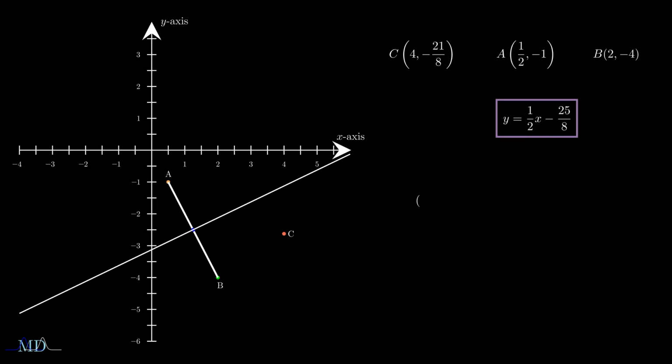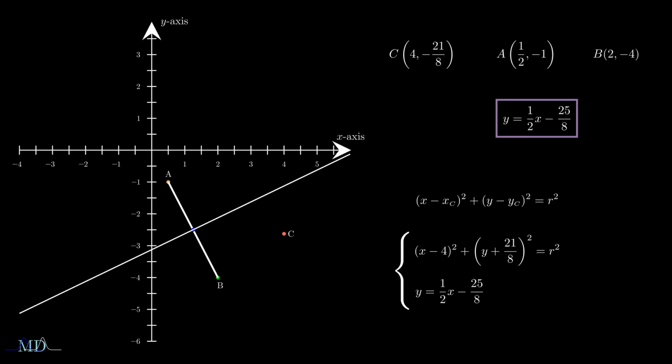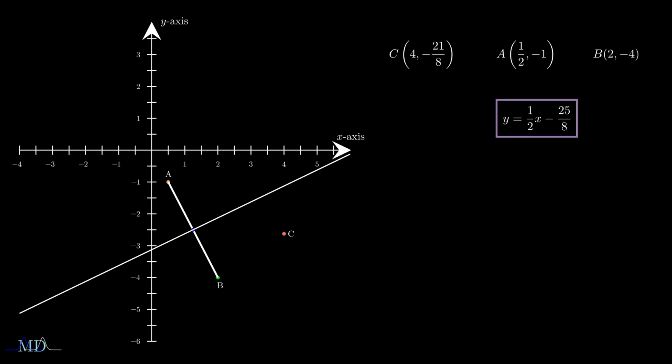We write the canonical equation of a circle of center C and radius r, and we make a system with this equation and the equation of the tangent line. We substitute the right term of the equation of the line in the equation of the circle in place of y, and we obtain a second-degree equation in x.